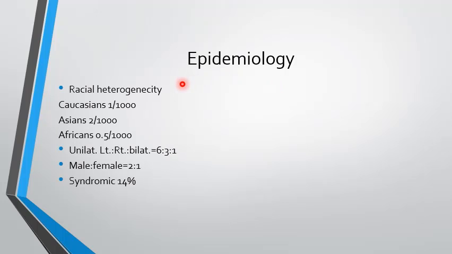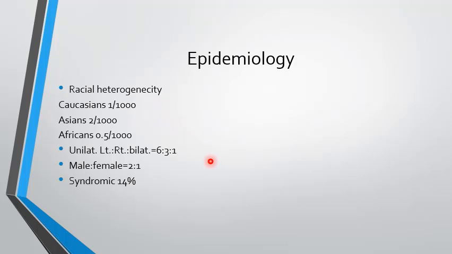There is also a racial heterogeneity found. The Africans have the lowest incidence, 0.5 in every 1,000 live births. The Asians have the highest ratio, about 2 per 1,000 live births, and the Caucasians in between, 1 in every 1,000 live births.